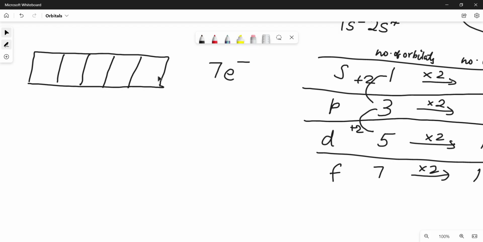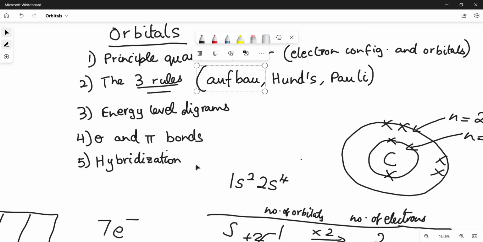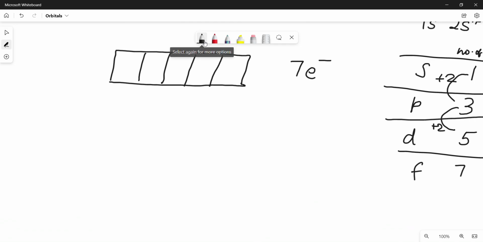So the very first rule here, Aufbau's principle, just states that the shells are filled based on order of energy level.